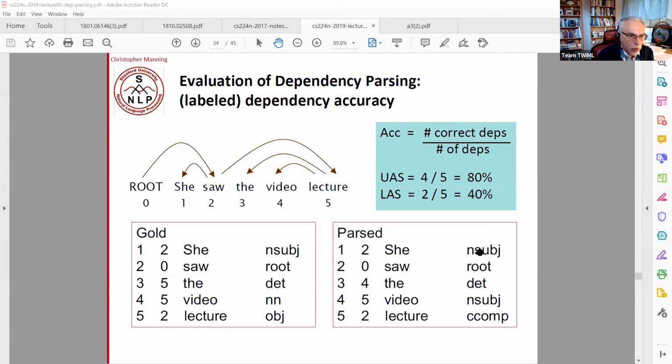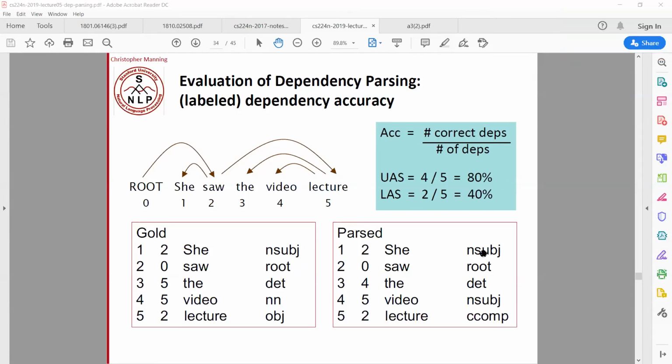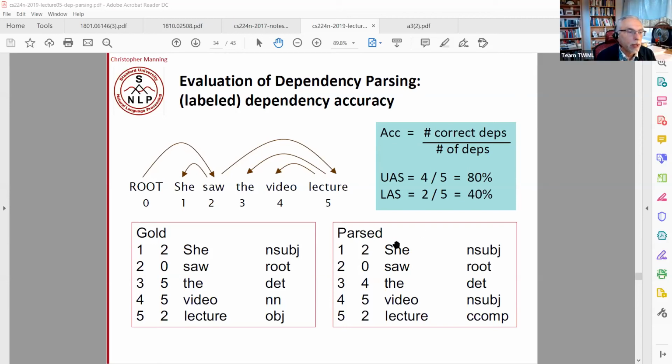So these are the only 2 that have both the correct numbering and the correct label. That's why this is 2 out of 5. But anyway, this again we'll go over in the homework assignment, so it's not necessary to do anymore.